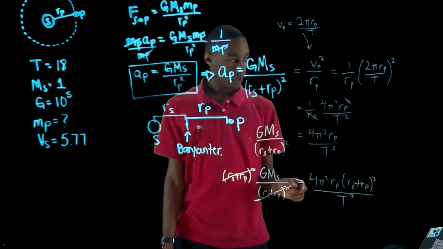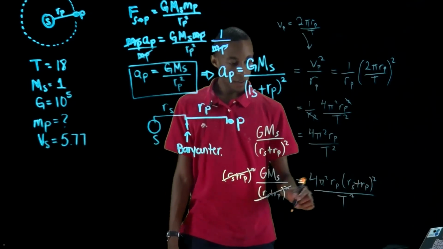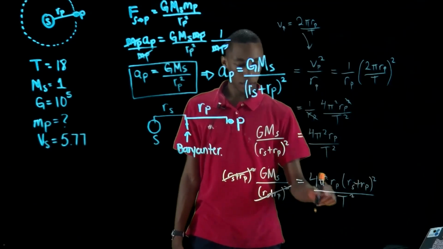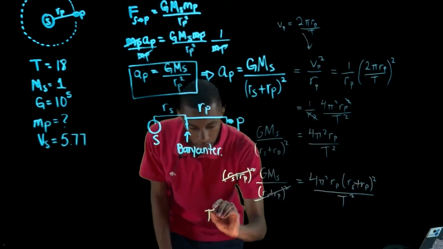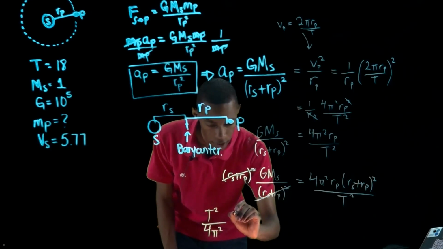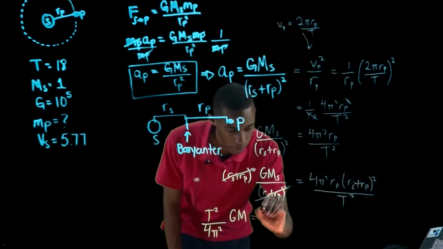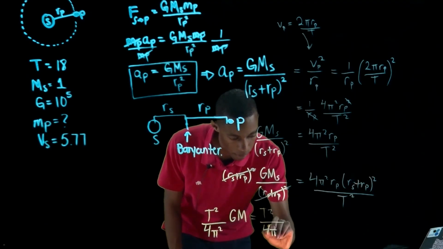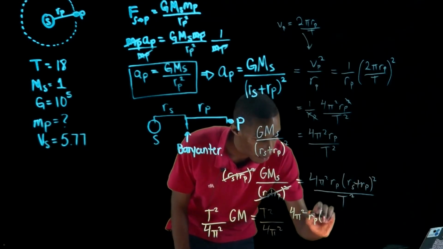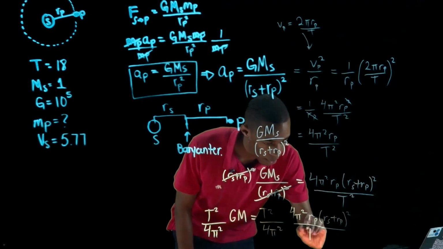And in one more step, I will move some things over to make this look more explicitly like a cubic equation. So if I multiply now both sides by T squared divided by 4 pi squared, I will get that T squared over 4 pi squared times GM equals T squared over 4 pi squared times 4 pi squared Rp times (Rs plus Rp) squared divided by T squared.